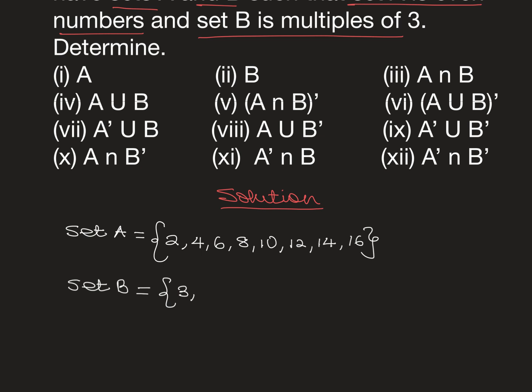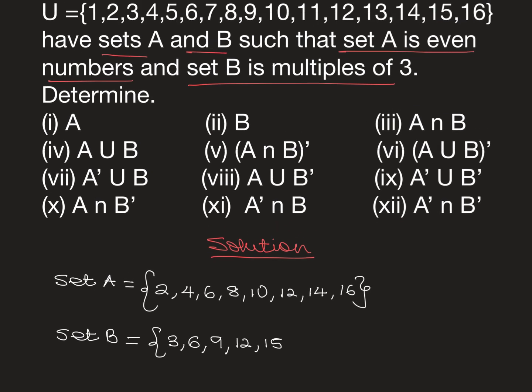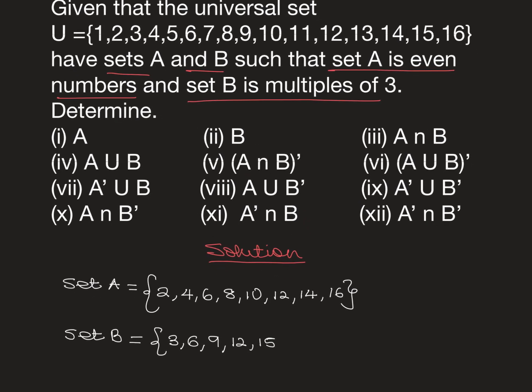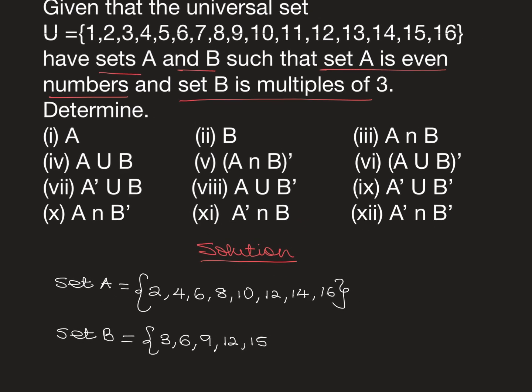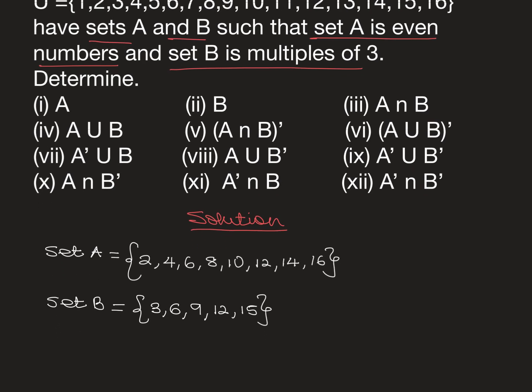Like 3 times 1 is 3, 3 times 2 is 6, 3 times 3 is 9, 3 times 4 is 12, 3 times 5 is 15. 3 times 6 is 18, but we are going to stop at 15, the reason being this set has a maximum number of 16. So this will be set B.